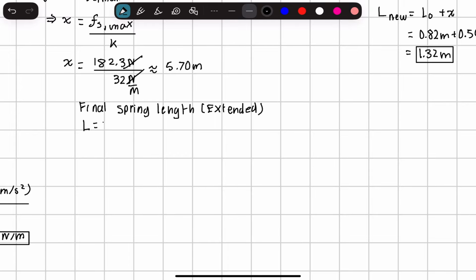So L final is equal to L initial plus x, the distance that you stretched it, which is equal to 0.500 meters plus 5.70 meters. That's approximately 6.20 meters according to our key. And so that's number 6.